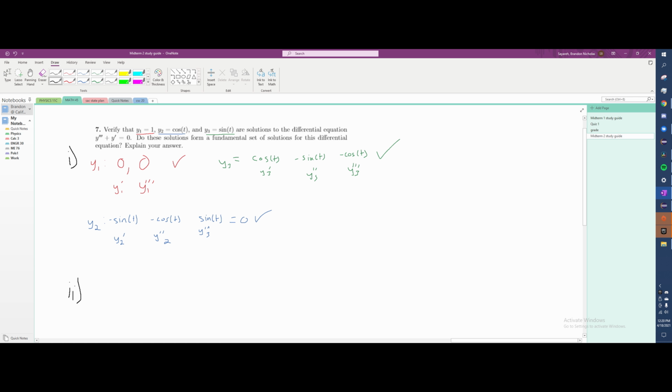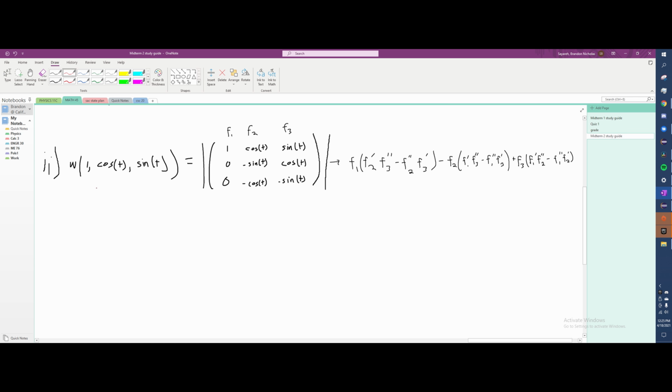So step 1 was to verify that all these solutions are solutions to the differential equation. Step 2 is, are these solutions a fundamental set of solutions for the differential equation? Since we have y triple prime and we have 3 y's, we can use the Wronskian to check.